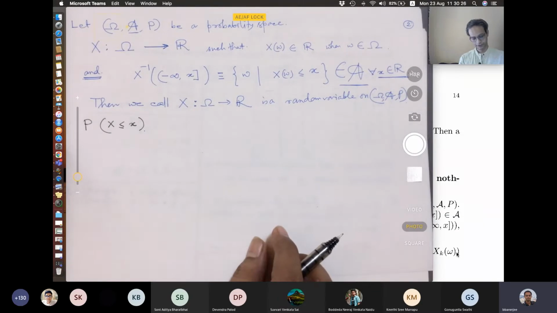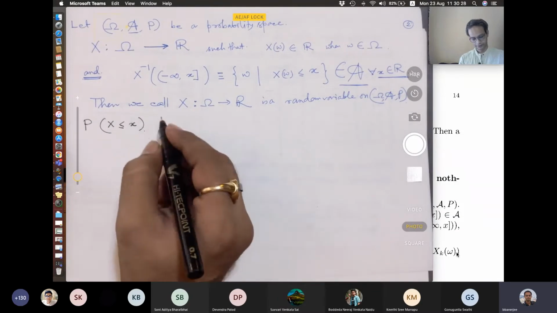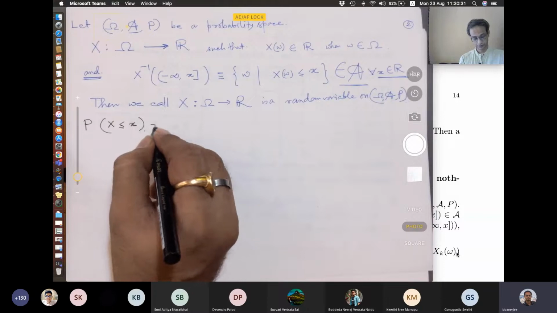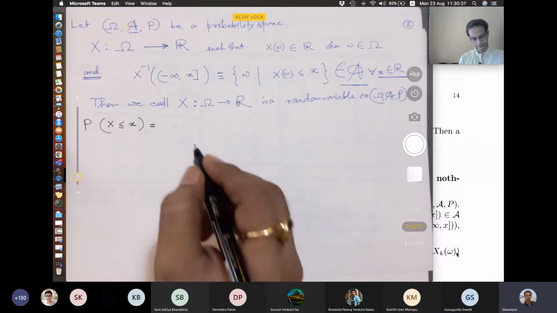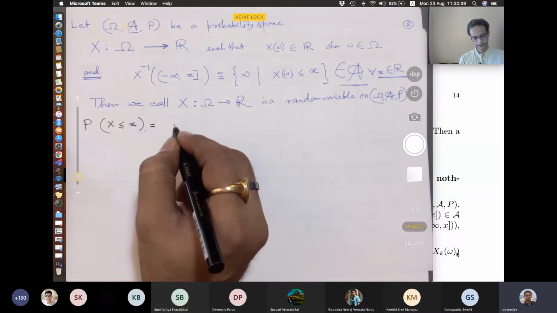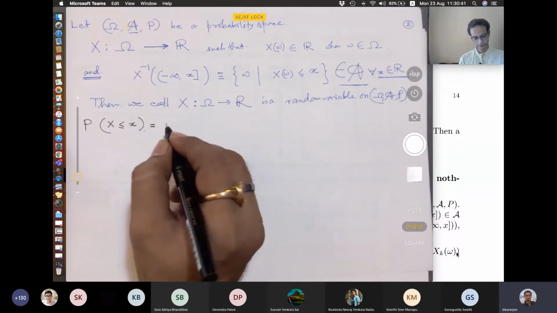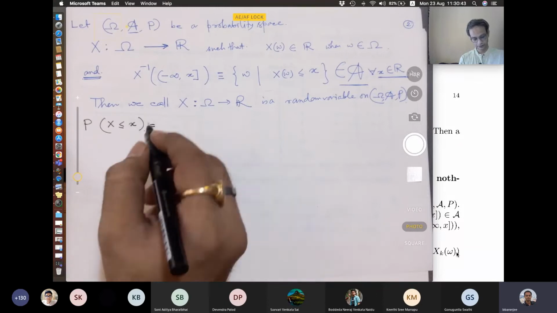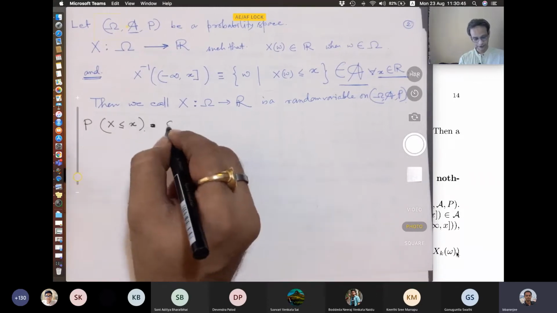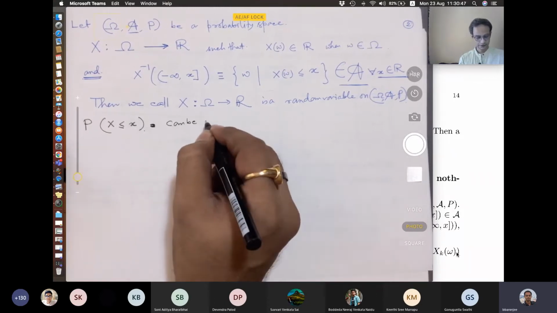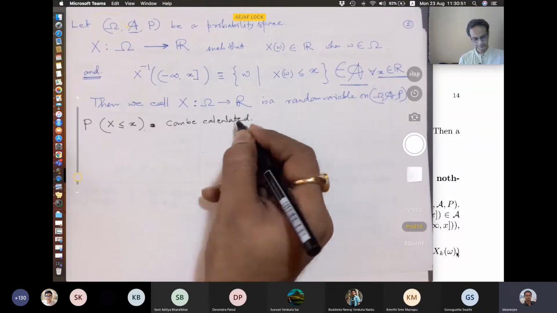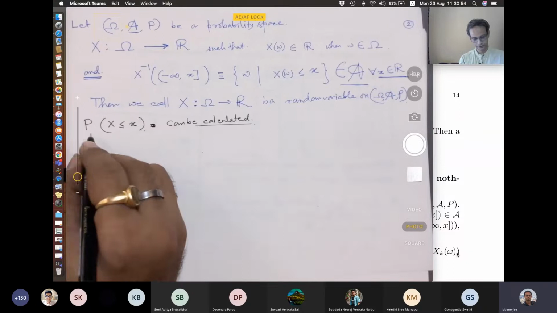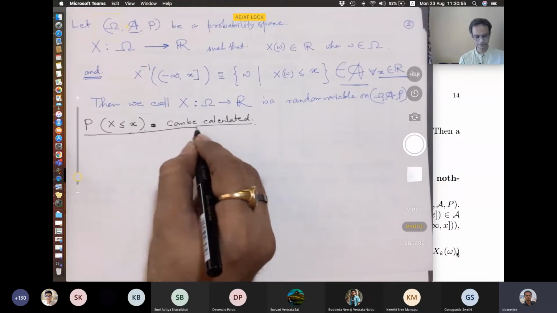How? Let me check that. Say, for example, if I say X equals small x, in general, it can be calculated. So this is the new possibility that we have got from here.